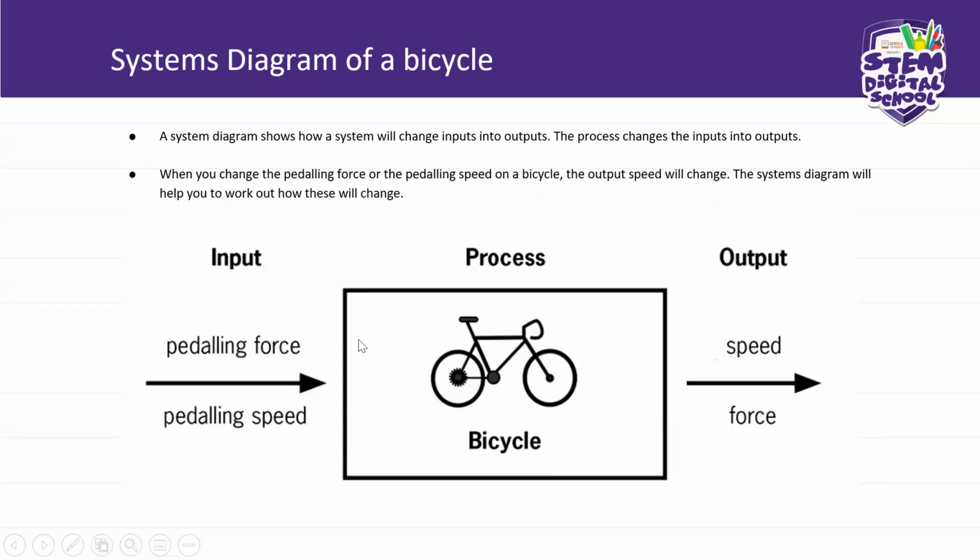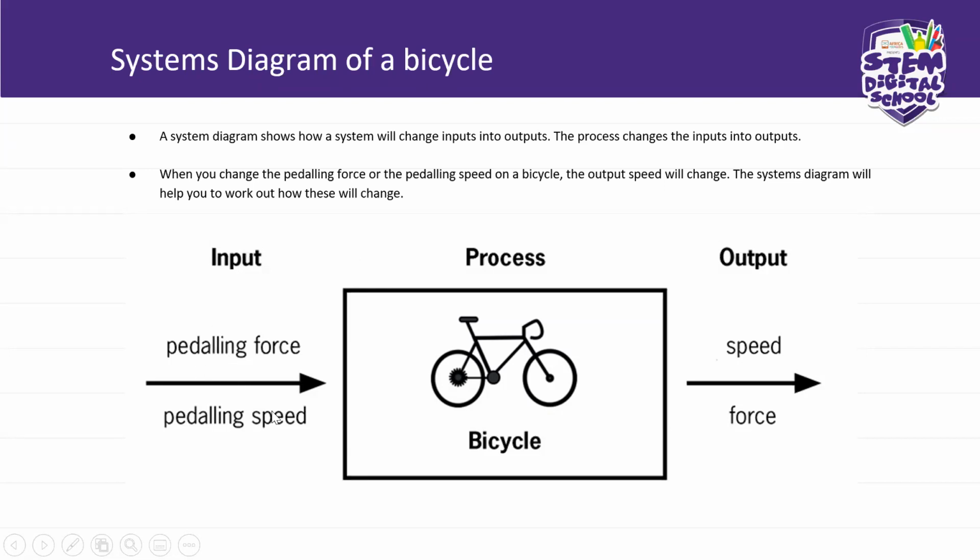When you change the pedaling force or the pedaling speed on a bicycle, the output speed will change. The systems diagram will help you to work out how this will change. Input is the pedaling force. When you put your foot on the pedal and then the crank starts to turn the gear clockwise.